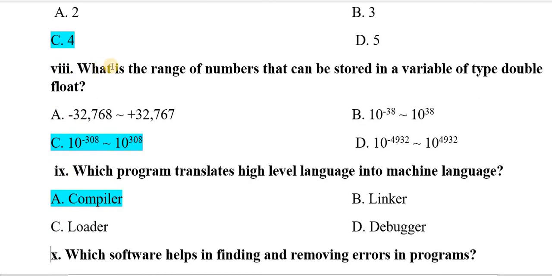Point number 8, what is the range of numbers that can be stored in a variable of type double float? So its option is option C, that is 10 raised to the power minus 308 up to 10 raised to the power plus 308.